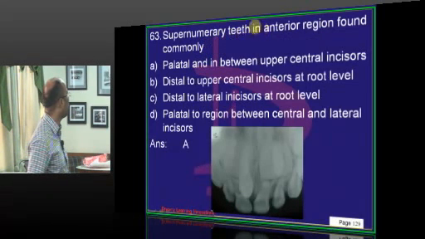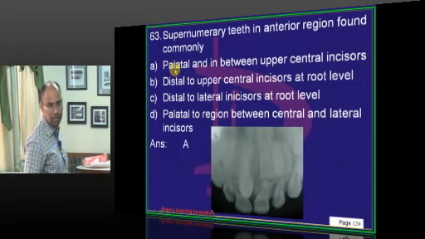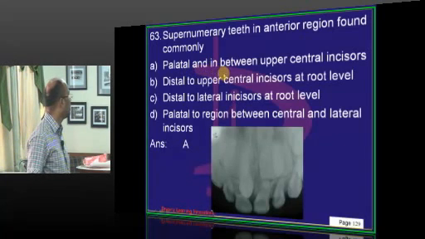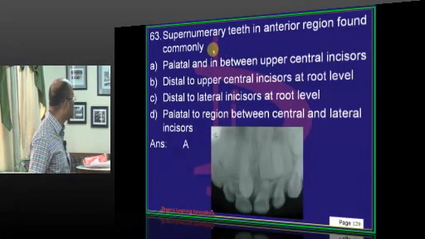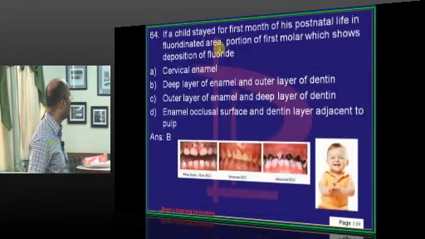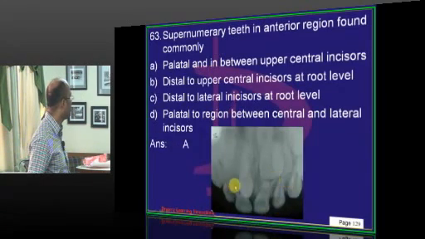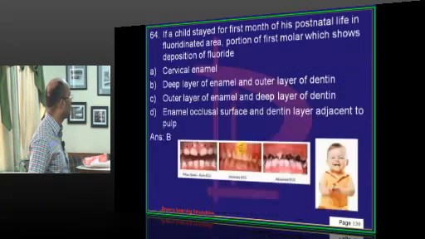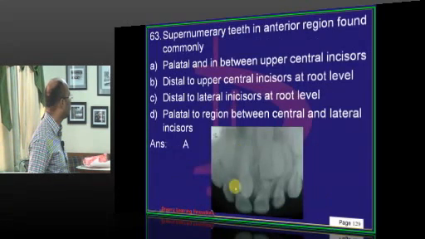The supernumerary tooth commonly found in the anterior region is found palatally in the upper arch between the central incisors. That is nothing but your mesiodens. Okay? Here you can see the mesiodens. These are your two permanent central incisors.